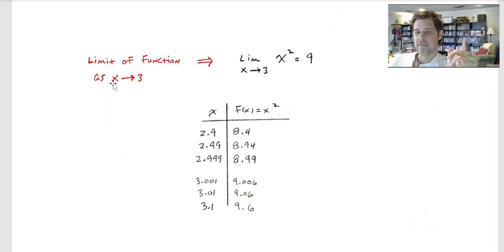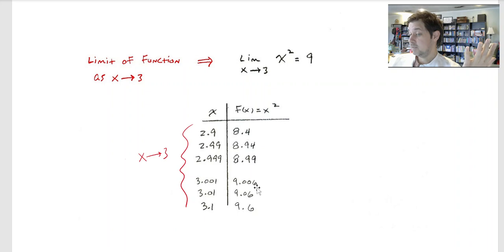But look at the limit. What's the limit of the function as x approaches 3, as x goes to 3? Well, say I make a table again, and I do 2.9, 2.99, 2.999, and so on, 3.1, 3.01. This is roughly what x approaches 3 means.